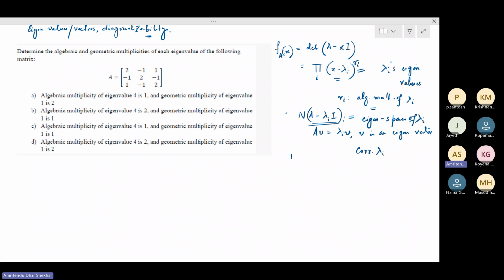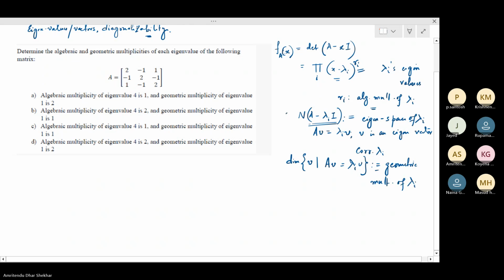So the dimension of the set of v such that Av is equal to lambda_i times v is the definition of what we call the geometric multiplicity of lambda_i.